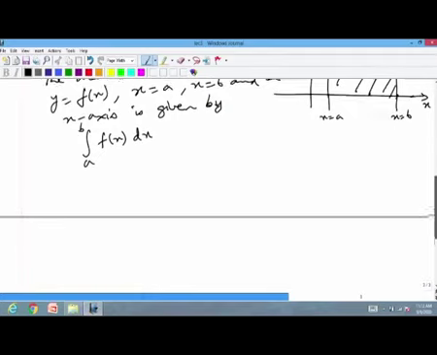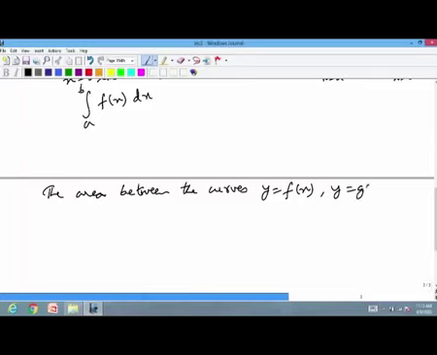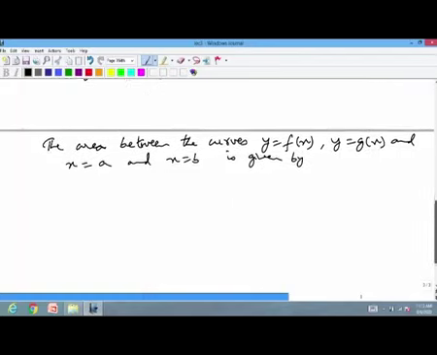Now, suppose we have two functions. So, the area between the curves y equal to f x, y equal to g x, and x equal to a and x equal to b is given by the following.